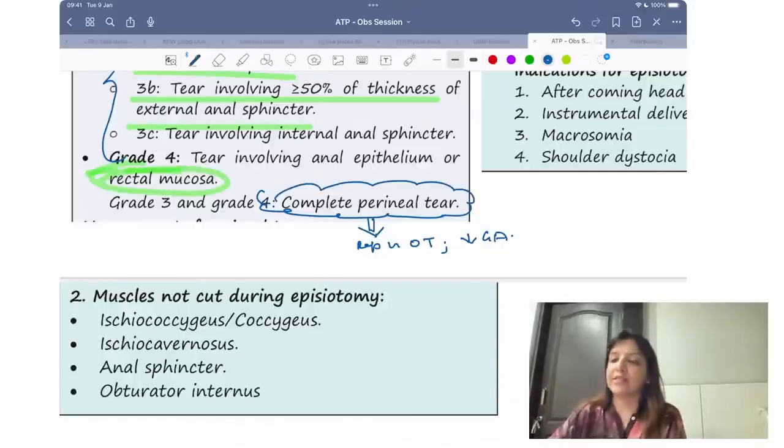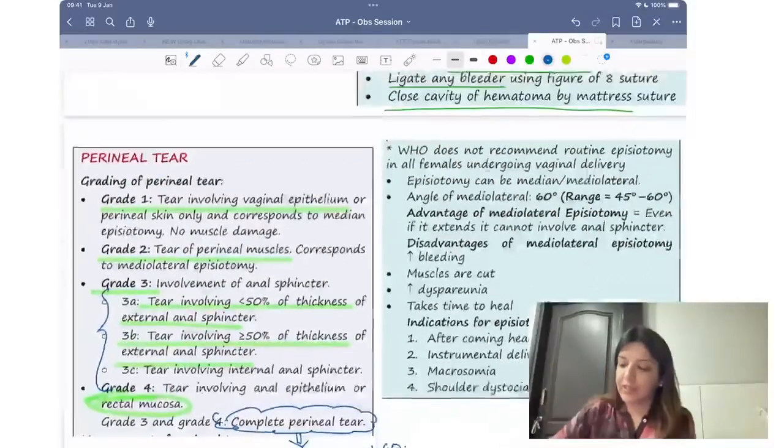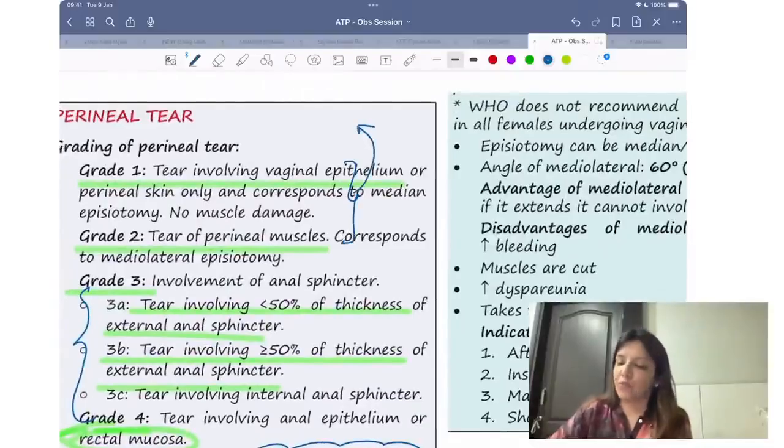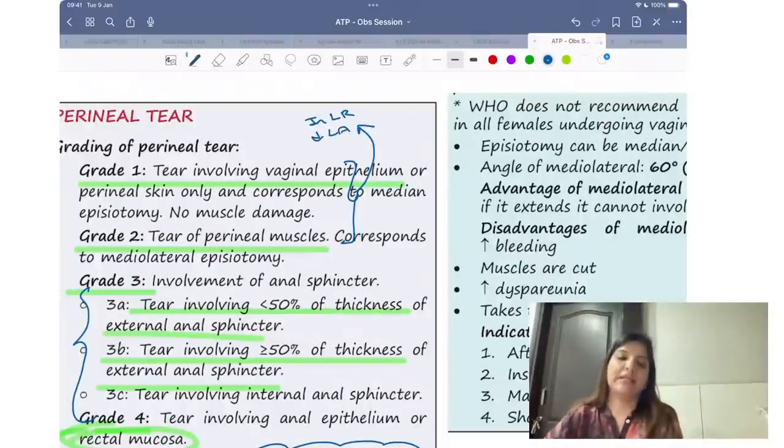Whereas first degree and second degree perineal tears, like an episiotomy, have to be repaired in the labor room under local anesthesia, right? So please remember the grading of perineal tears. I have also told you the WHO recommended methods to prevent perineal tear, which are very, very important.